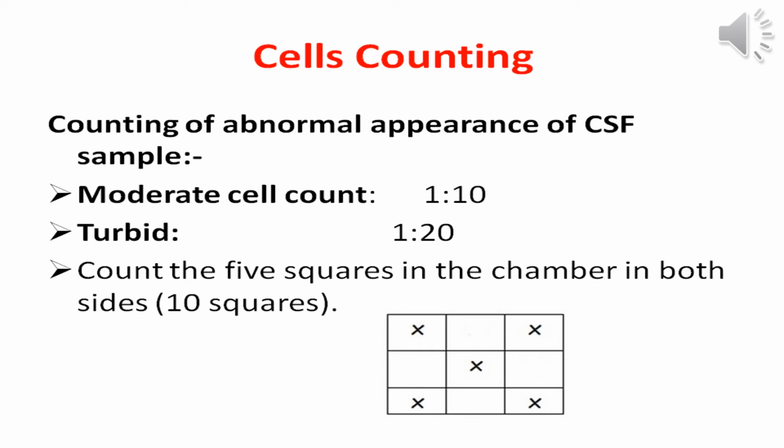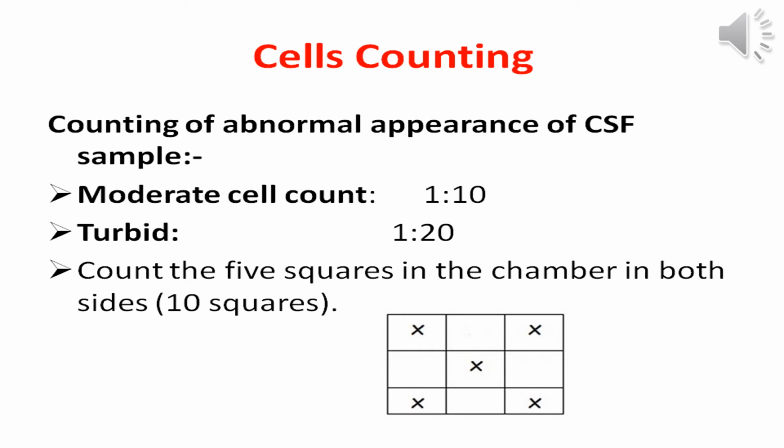Now the dilution depends on the appearance of the sample. For a moderate cell count, meaning the sample is hazy or cloudy, we need to make the dilution 1 to 10. We call this moderate, representing hazy and cloudy.